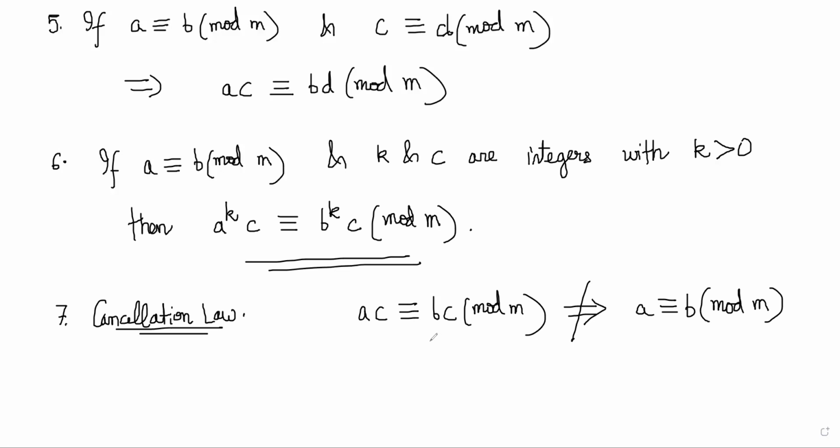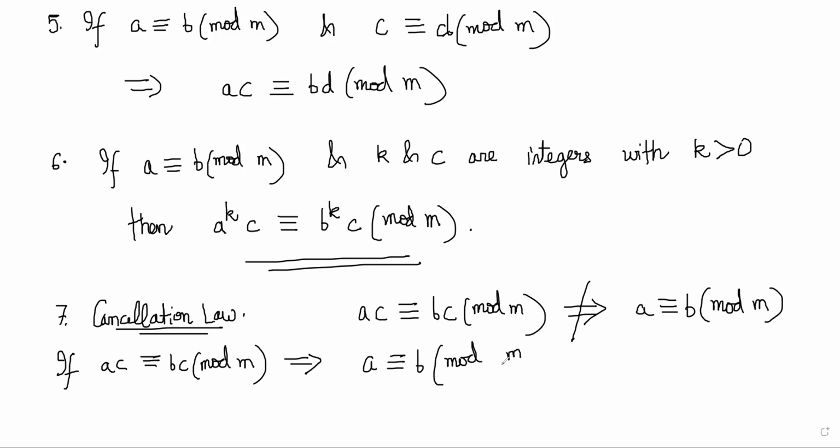There are some situations where it is true. The situations are when GCD of C and M is 1. Actually, the real law here is if AC is congruent to BC mod M, it implies that A is congruent to B mod M divided by GCD of C and M. Now, if GCD of C and M is 1, or basically C and M are co-prime, then this boils down to A is congruent to B mod M, and then the cancellation law works normally.